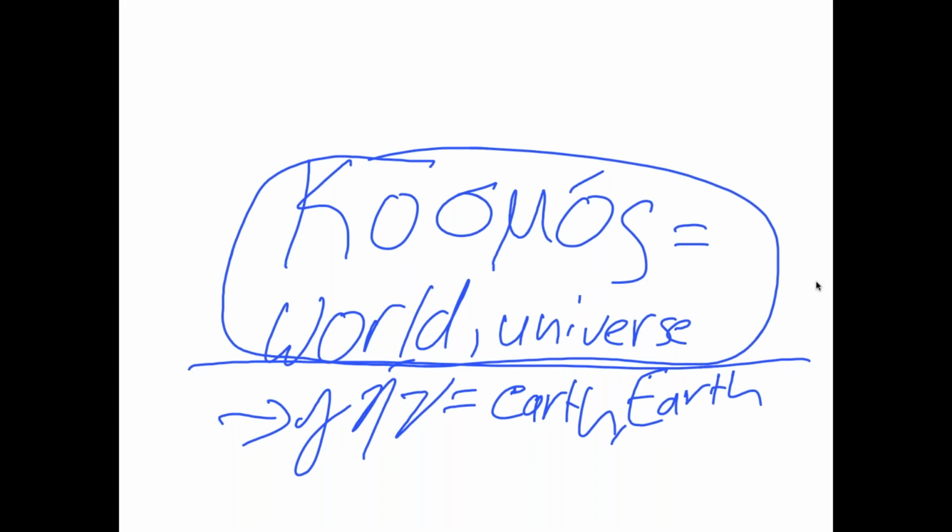Ge is generally talking about the physical part of the earth, not the people in it, but the actual earth, the ball that we live on. That being said, there are different places where either one would be acceptable. But for our purpose, world is the main way to translate cosmos. It can also mean the cosmos, basically all of God's creation. Once again, context kind of dictates how you're going to render that.